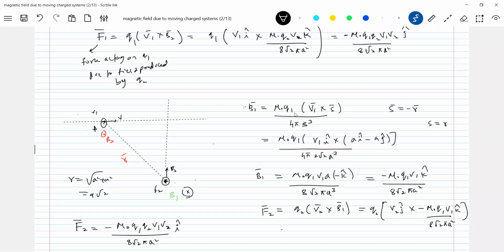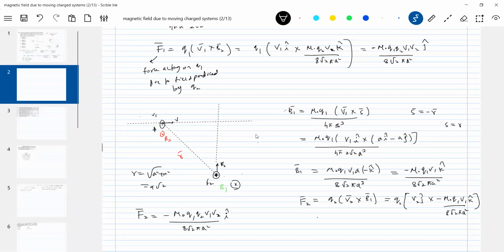Something wrong is there? So how F2 will act along negative x-axis? How F1 is acting? The J cap, you see this?